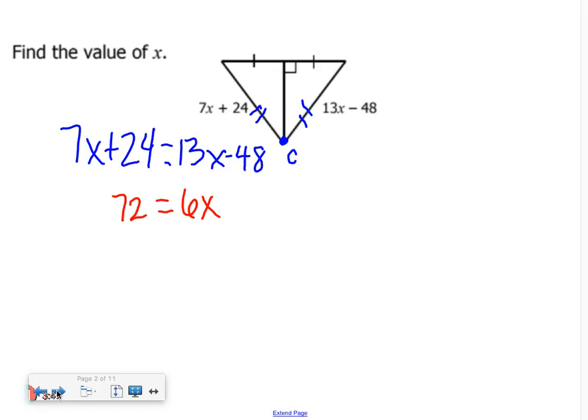What do you guys get for x? X should be 12.